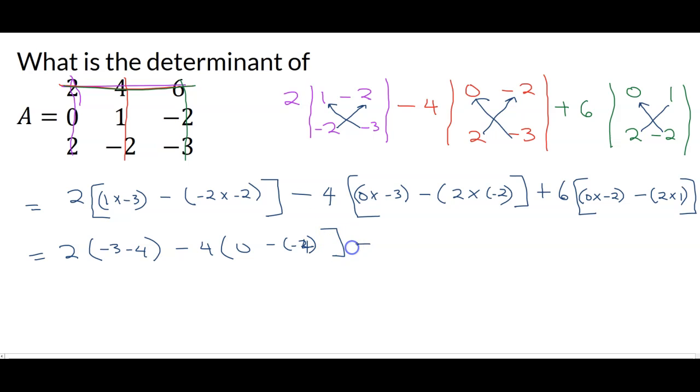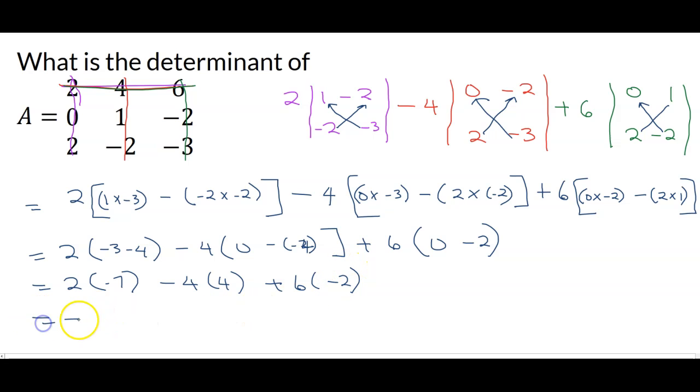And then plus 6. And then we have 0 minus 2. So let's go ahead and simplify. So this is 2 multiplied by -7 minus 4 multiplied by 4, because 0 minus -4 is 0 plus 4, plus 6 multiplied by -2.